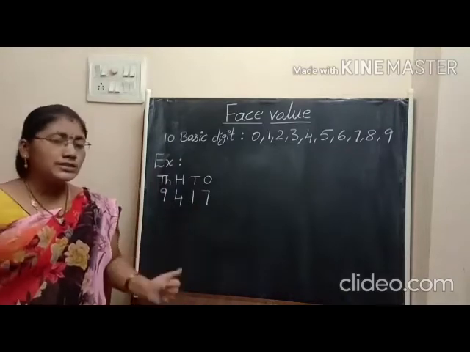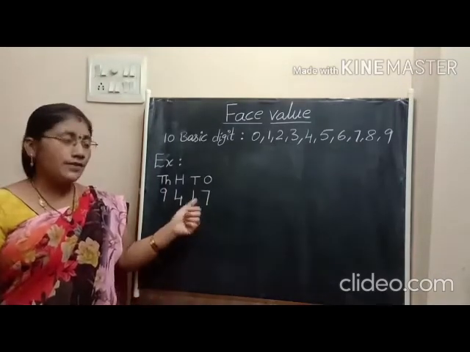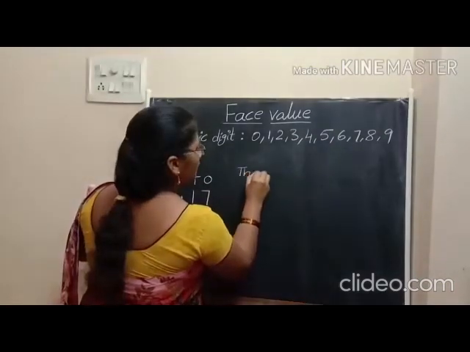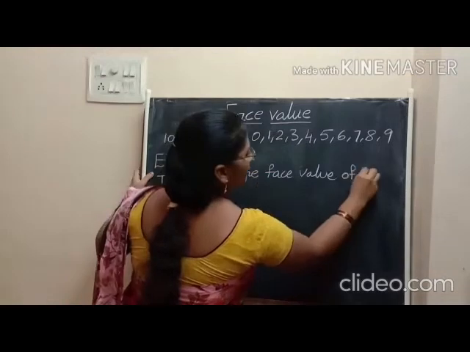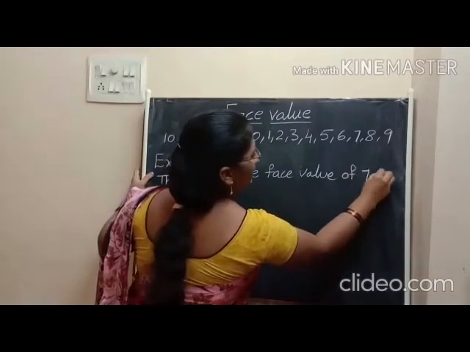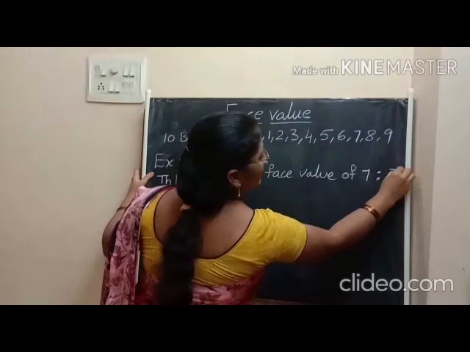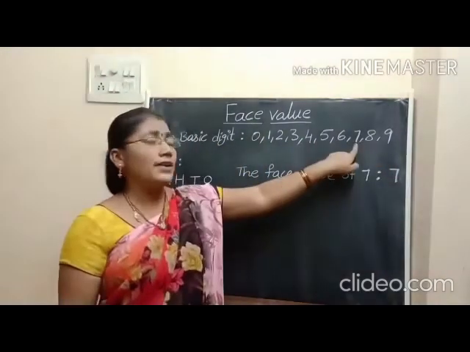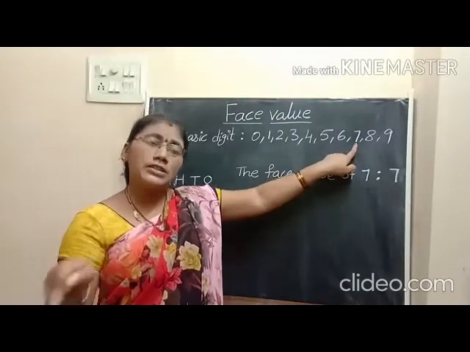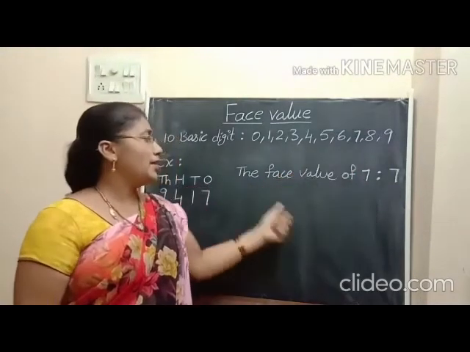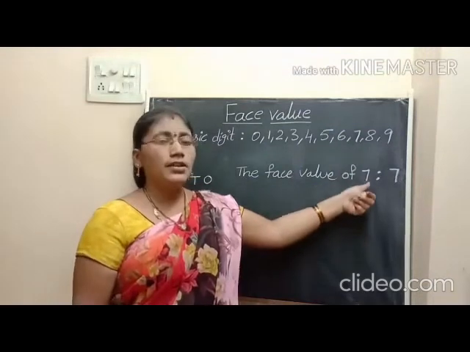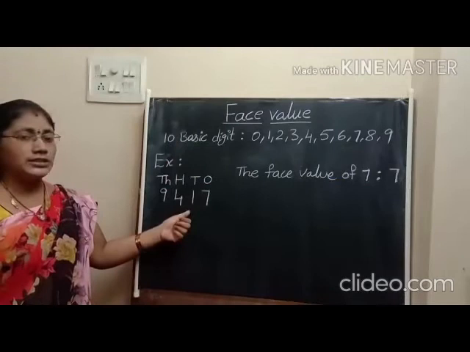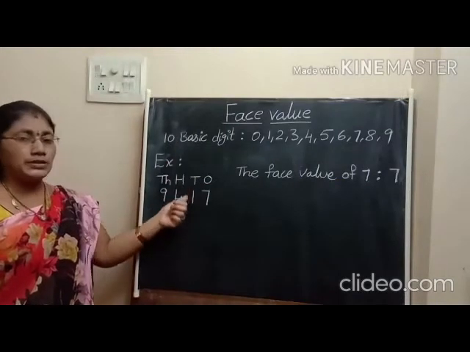Let us see how to take face values of these digits. What is the first digit here? 7. Let us see the face value of 7. The face value of 7 is 7 itself, because the digit 7 has the value 7 itself. Let us see the next digit, that is in 10's place.